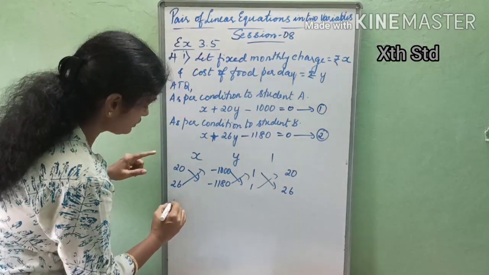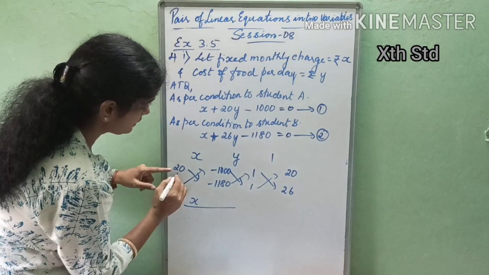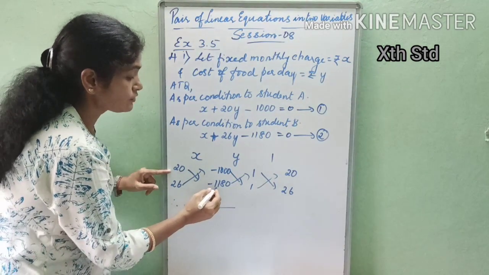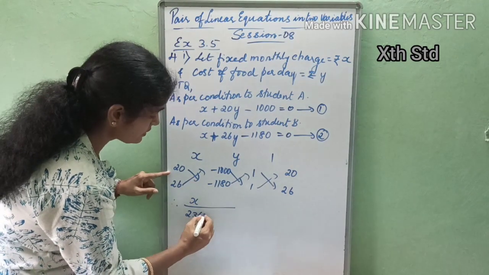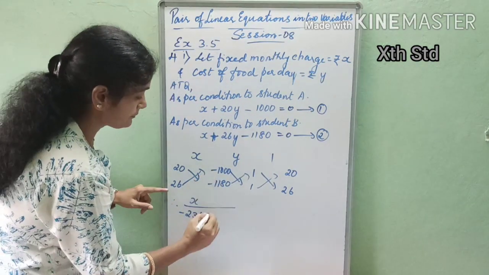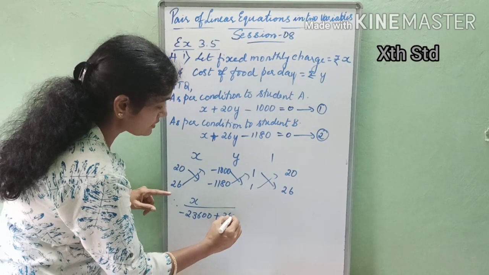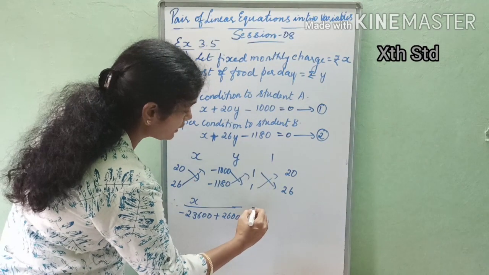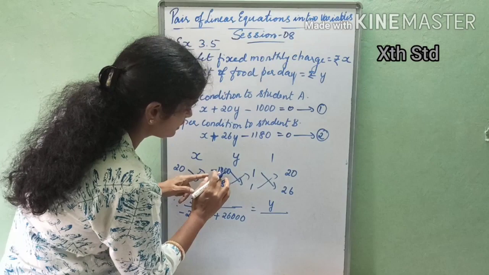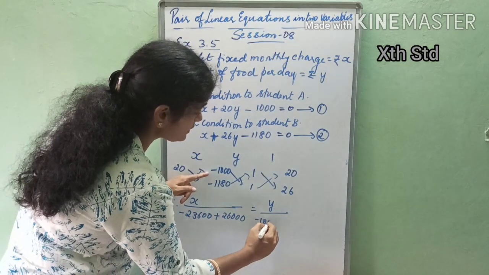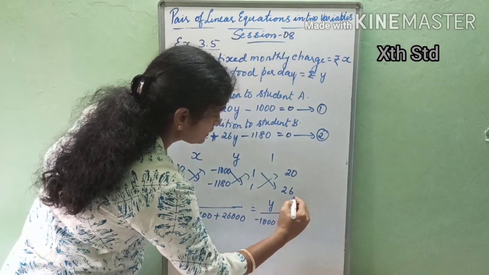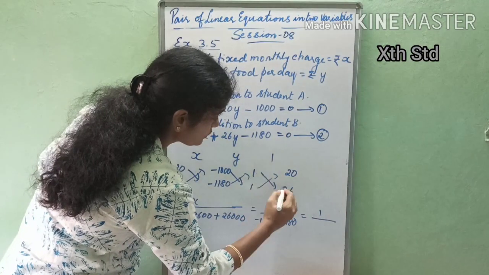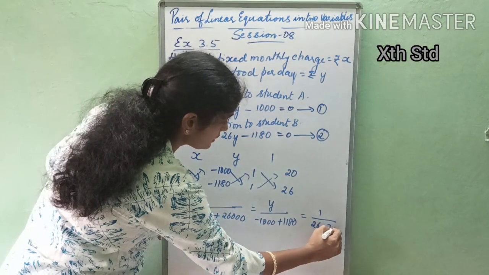Now multiply them here. 20 into minus 1180 gives you 23600 with a minus sign. Then plus 26,000 equals y by minus 1000 plus 1180, which is equal to 1 by 26 minus 20.